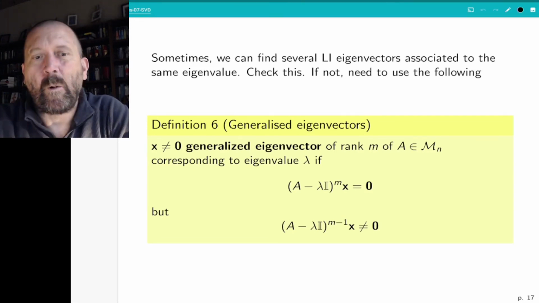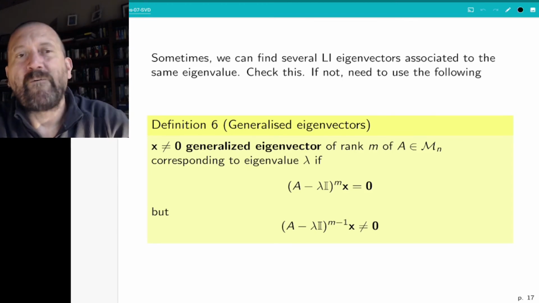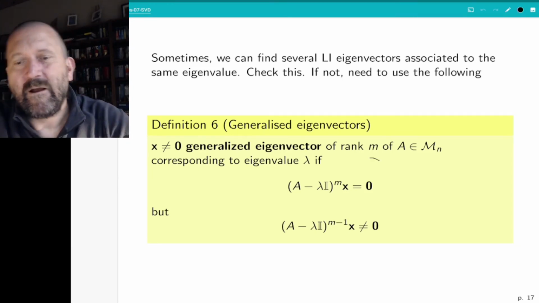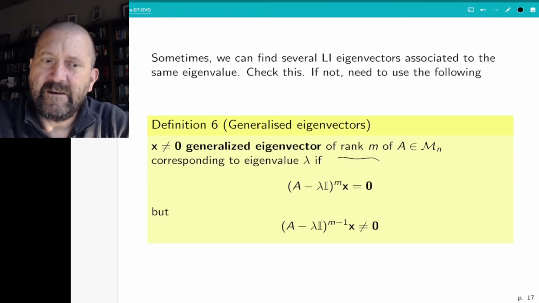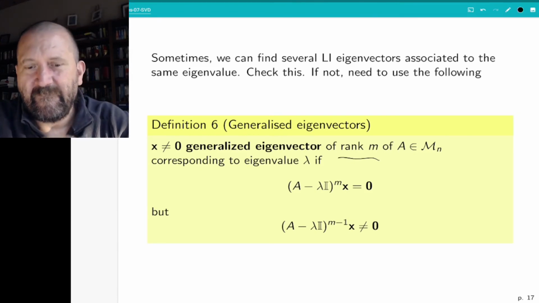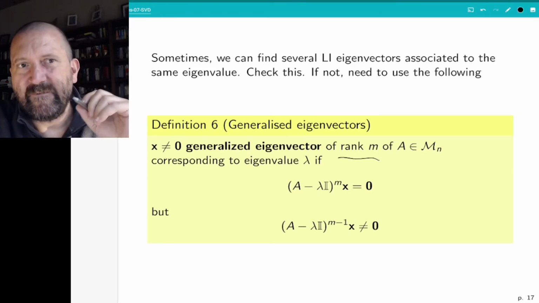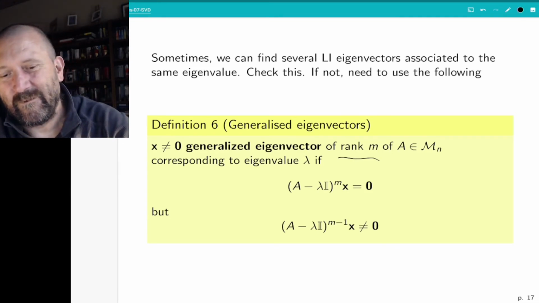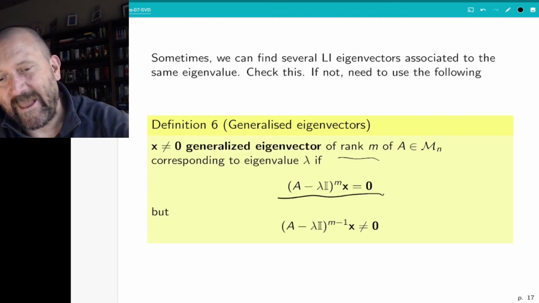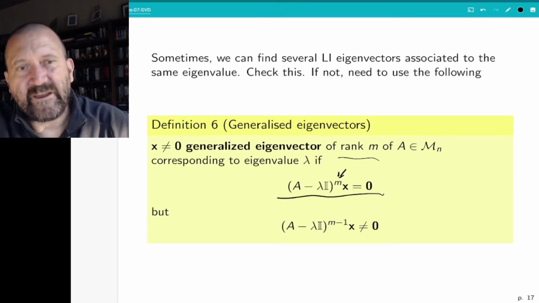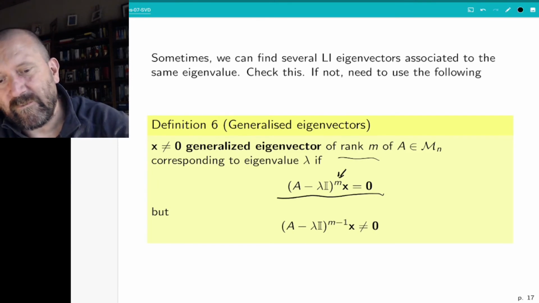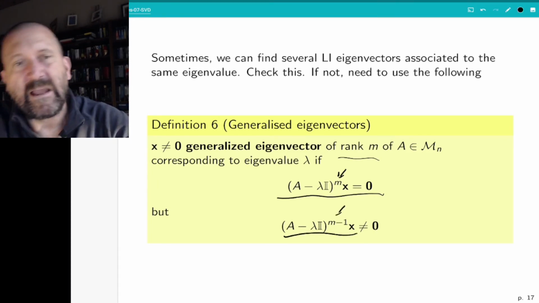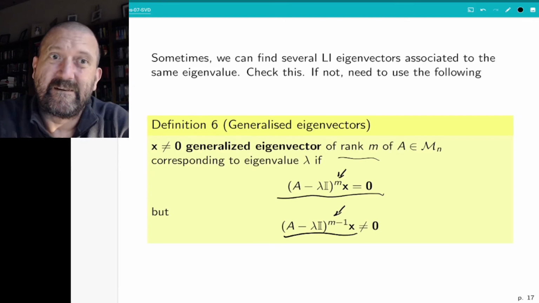Okay, so we call generalized eigenvector of rank m of a matrix in Mn, if it is an eigenvector, it's a vector associated to this equation for m here, but it is not solution to any equation with power smaller than m.